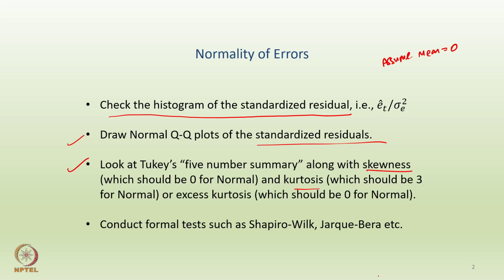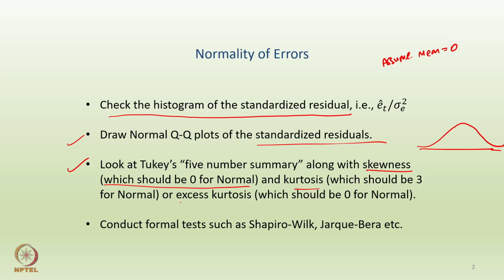Now, all of you probably know that if the distribution has to be normal, then the skewness has to be 0 because you have a symmetric curve. Since the curve is symmetric, the skewness has to be close to 0, and the kurtosis for a normal distribution should be 3.